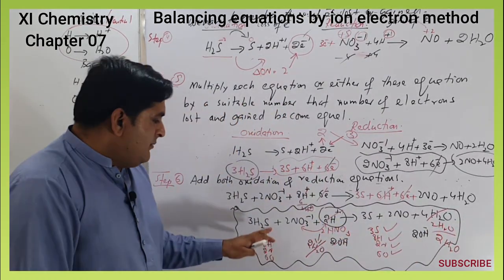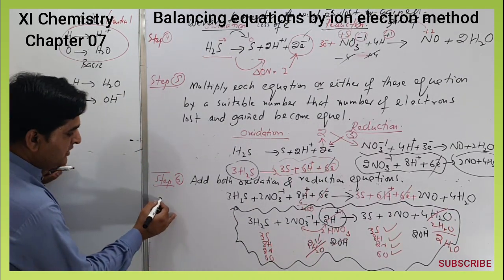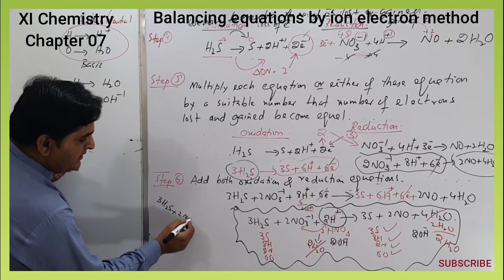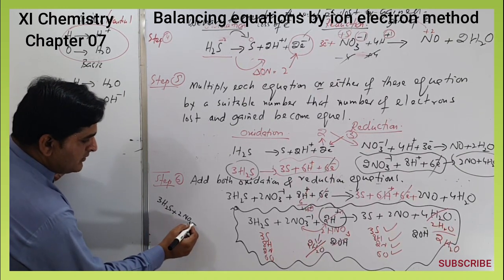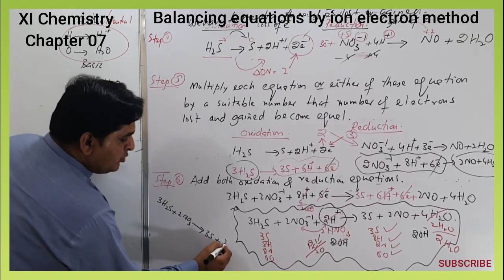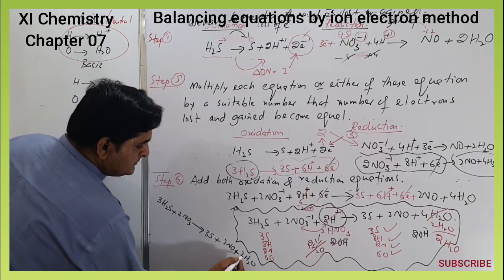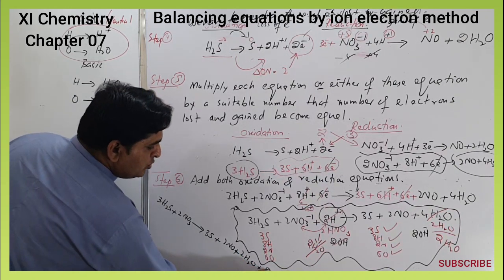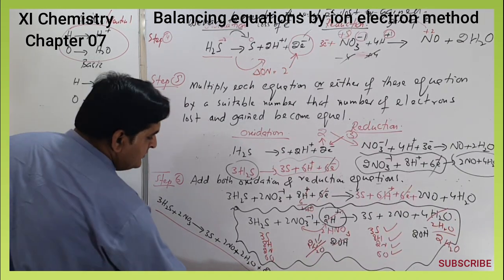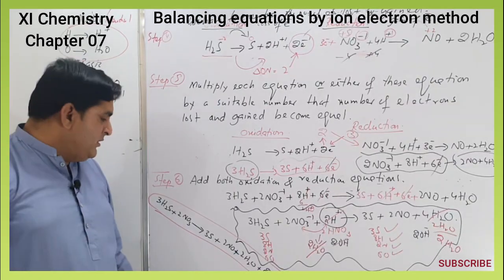When we balance this equation in basic medium, our answer will be: 3H2S plus 2 nitrate ion, 3 sulfur plus 2NO plus 2H2O and 2OH- ion. So this will be our equation in case of basic medium. We have converted acidic medium into basic medium.